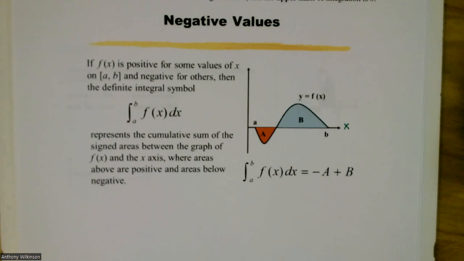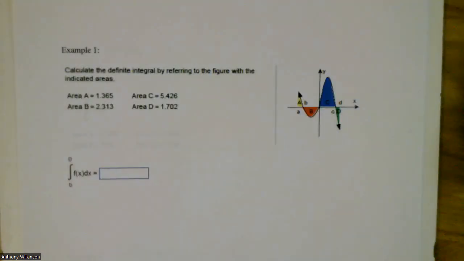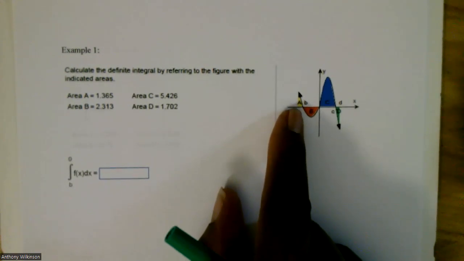So now let's look at a few examples of just this on the next page. In this case here, we got the graph of y equal f of x on the right-hand side, and we want to calculate the definite integral by referring to the figure with the indicated areas. So here we got area A, which is in yellow.